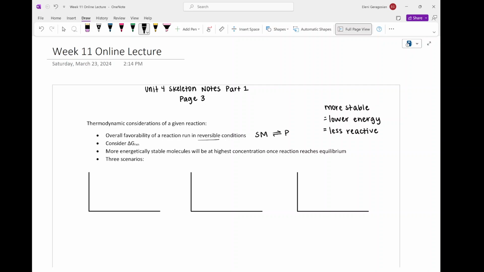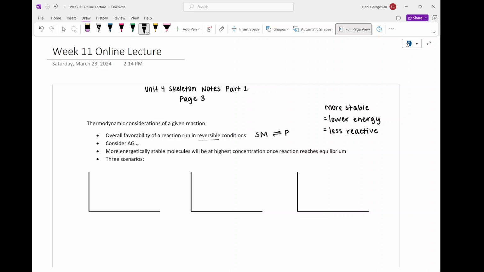So for thermodynamic considerations, we consider the delta G of the reaction, which really tells us if the reaction is exothermic or endothermic. So once a reversible reaction reaches equilibrium, the more stable molecules, the lower energy molecules, or the less reactive molecules will be in highest concentration. So we can have 3 scenarios.